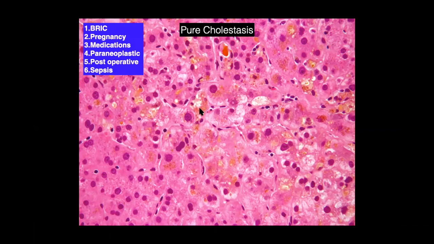You can see intrahepatic cholestasis as well as canalicular cholestasis, and they can be seen in 6 conditions. You remember, pure cholestasis: benign recurrent intrahepatic cholestasis, called BRIC, pregnancy, medications, paraneoplastic conditions, postoperative conditions, and then sepsis. These are all the conditions where we see pure cholestasis.